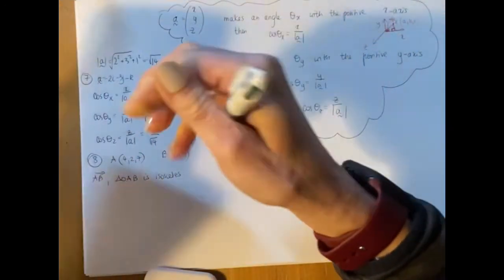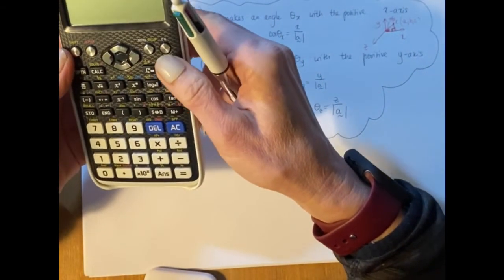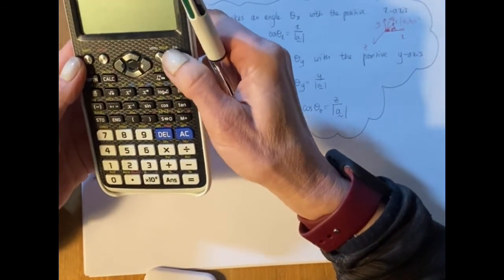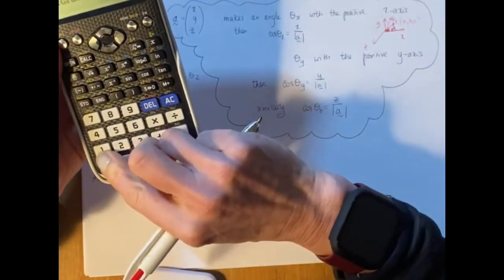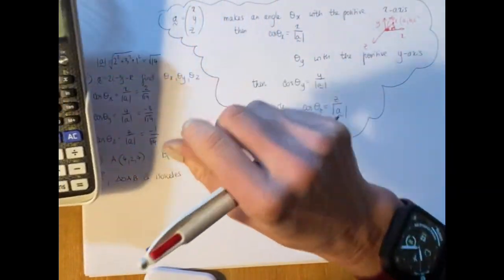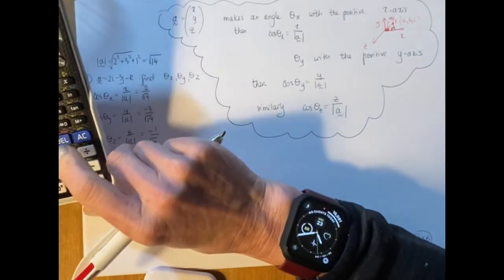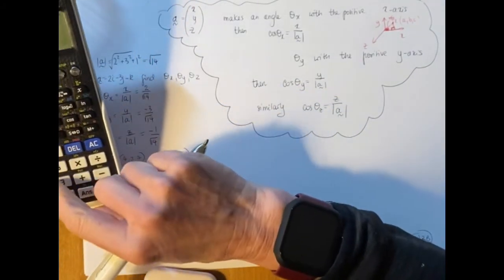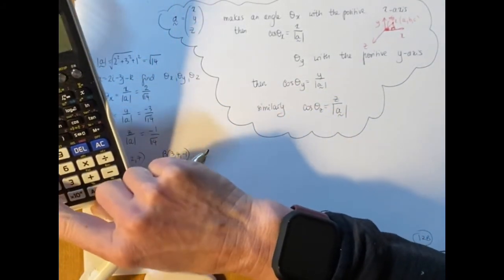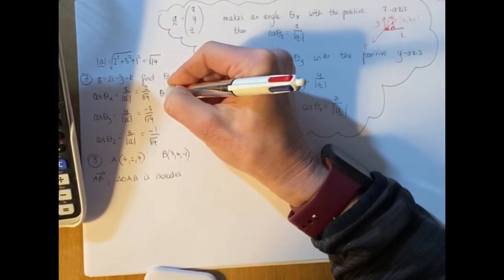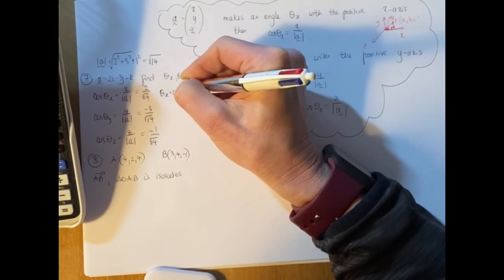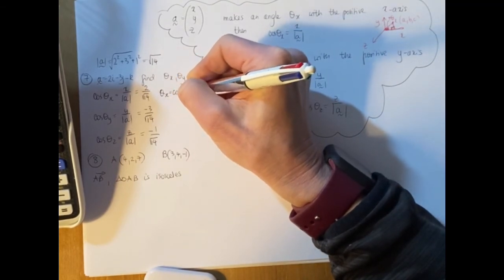Normally in vectors we measure angles not in radians but in degrees, so switch it to degrees. It's going to be cos inverse of 2 over square root of 14. So theta x is equal to cos inverse of 2 over root 14.